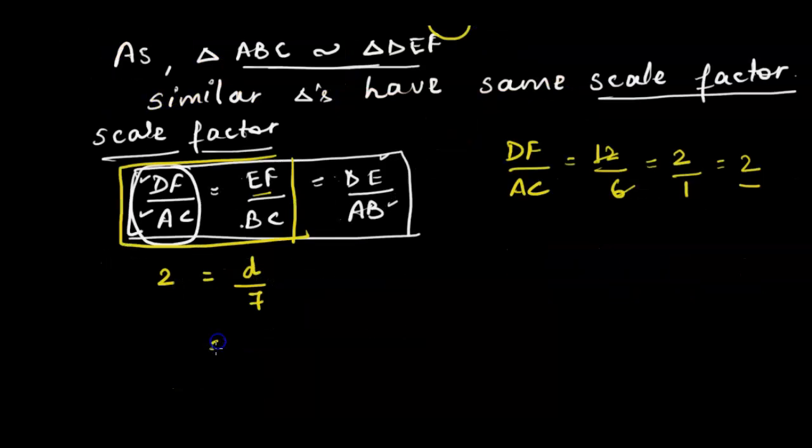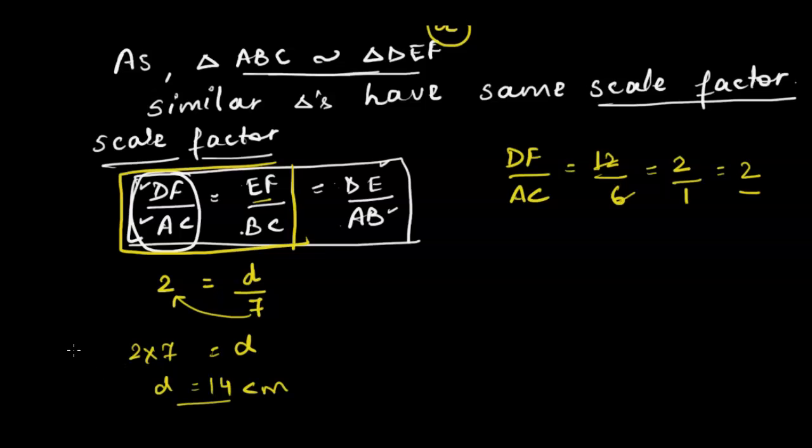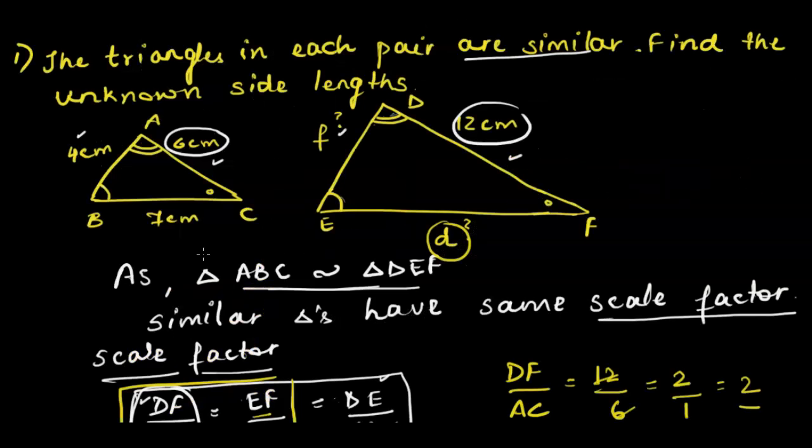In order to solve for D, we just have to move this 7 to the other side, and we get 2 times 7 is 14. So D is equal to 14 centimeters. This is just to show the work. Otherwise, we know that the side length here is double the side length of this because the scale factor is double. So we can just write down this as 14 because 7 times 2 is 14 centimeters.